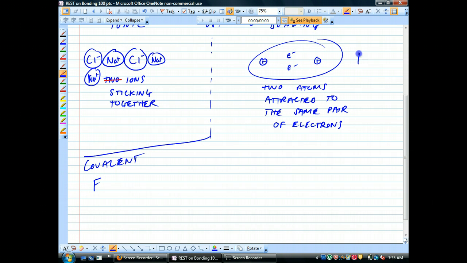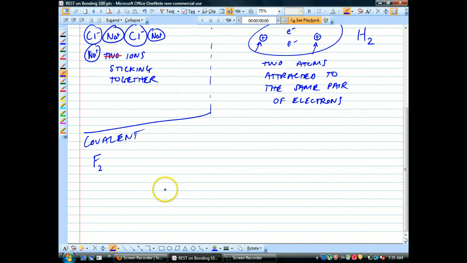This diagram is actually supposed to be H2, so that's why there's only one positive charge here and one here, because these are supposed to be hydrogen atoms that just have a single proton. But let's look at F2 to make it a little clearer maybe what's going on. So in fluorine we have a nucleus that has a 9+ charge.